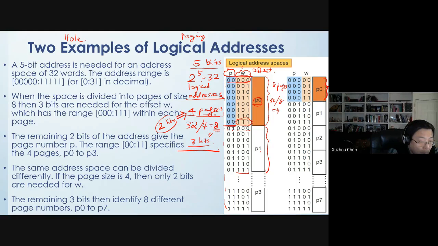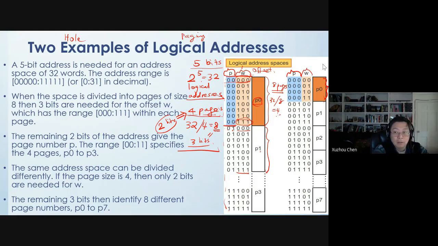So in this case, with a total of 8 pages, we need 3 bits to represent the page number, and the size of the page is reduced from 8 to 4. So we pretty much switch this size. The number of pages increased, but the offset decreased. That makes sense, right?